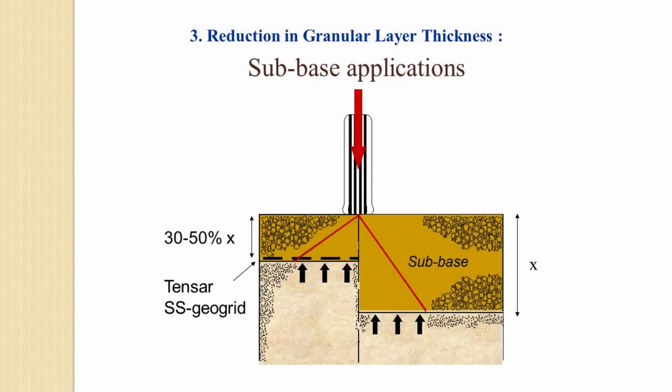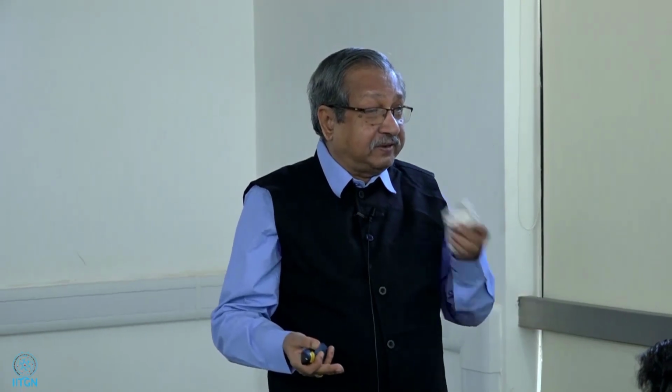And because I said there is going to be a rigidity improvement, if I want the same amount of load transfer, I use a thickness of X without geosynthetic. If I use a geosynthetic, I can reduce the depth of subbase and base layer. So there is a reduction for the same amount of load transfer, correct? That means a saving is effected, and today the natural materials are hardly available.